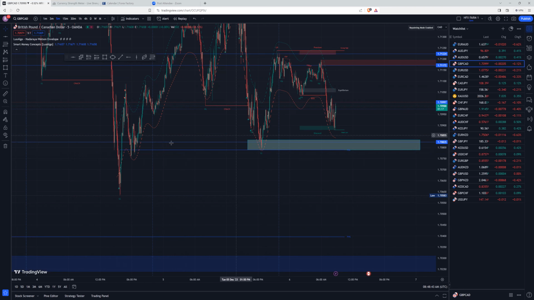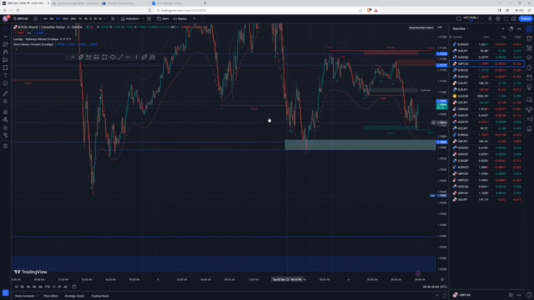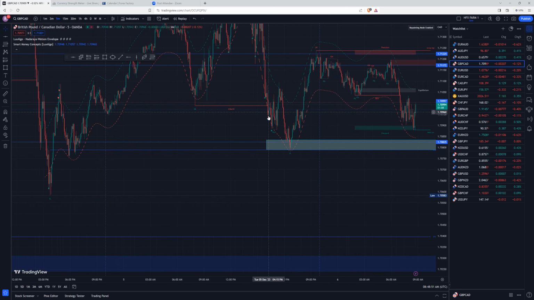This is the only swing here. It might just break it. It might not also break it at once. Some of them break at once. This one broke, but it tested the other block, made some little pullback.